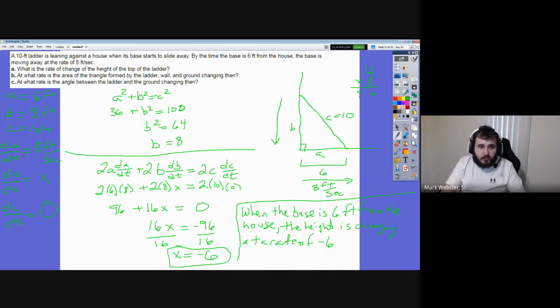And what are our units for rate? It's feet per second here, right? Ta-da. And notice I said changing.